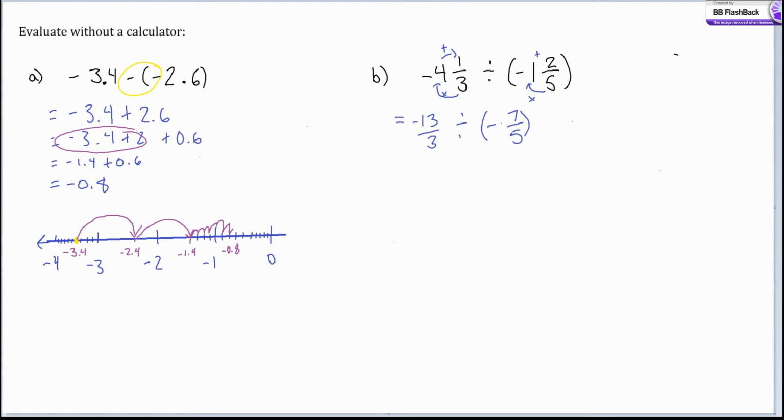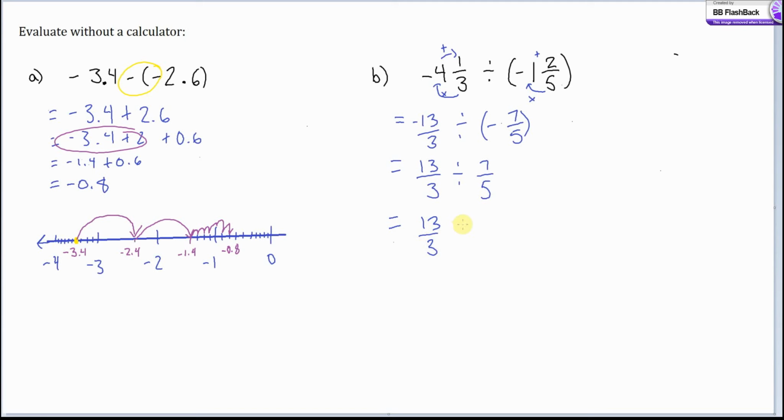Let's deal with the negatives first. If we have a negative times a negative, or a negative divided by a negative, it'll give us a positive. So we can rewrite everything with positives because those two negatives are canceling out. And remember the steps for dividing by a fraction.